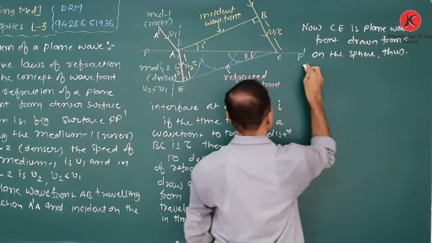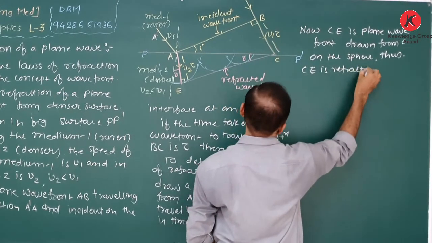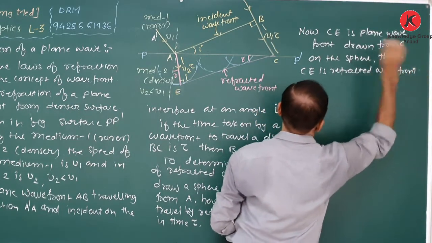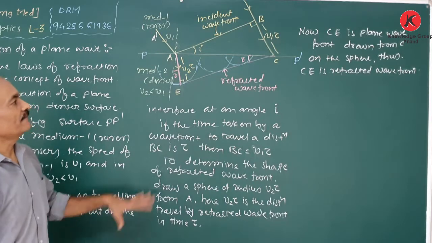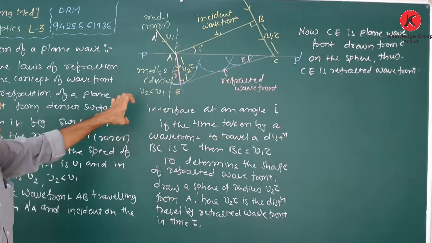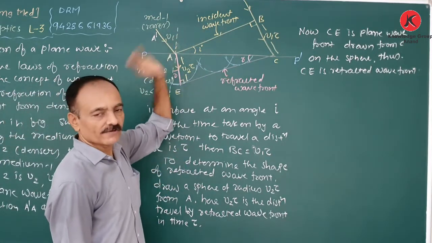Thus, CE is the refracted wave front. There is the incident wave front, and there is the refracted wave front. So that is the description of this figure.